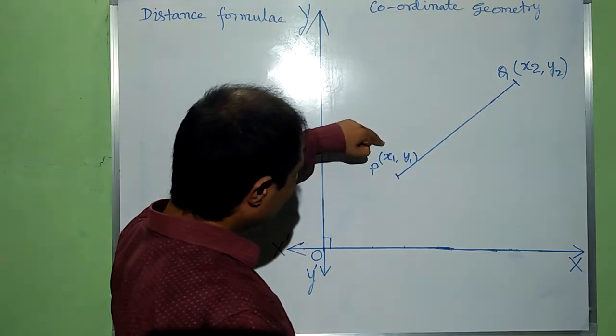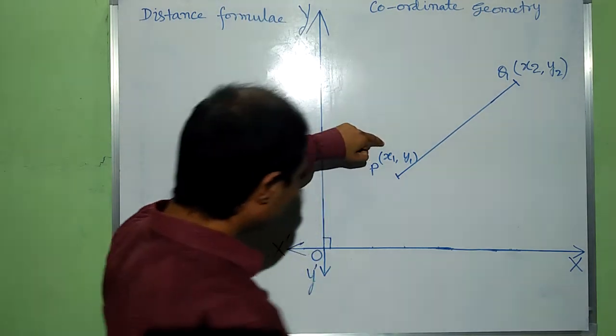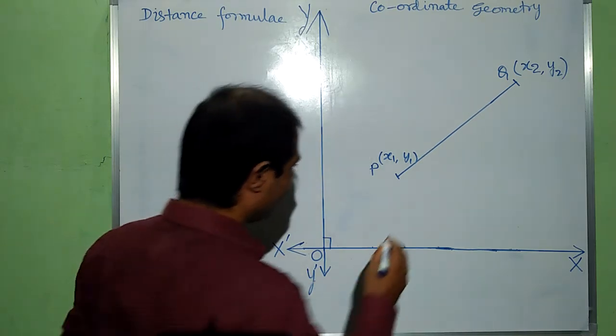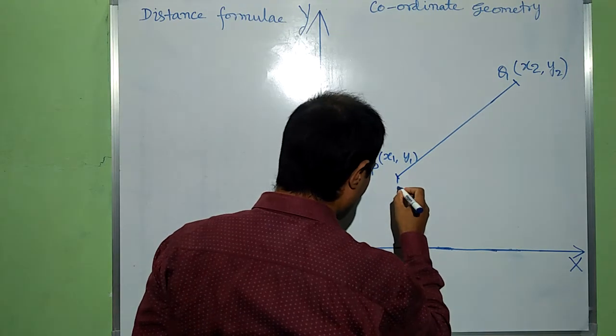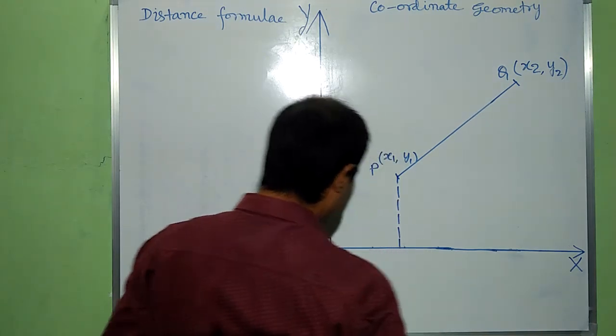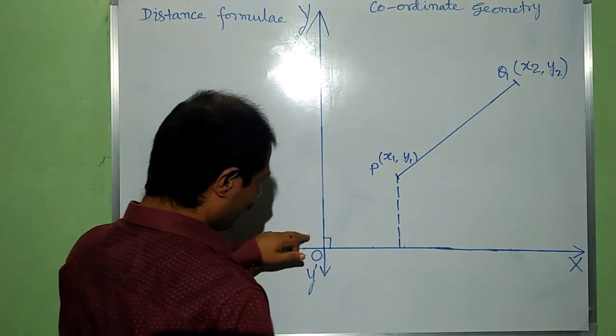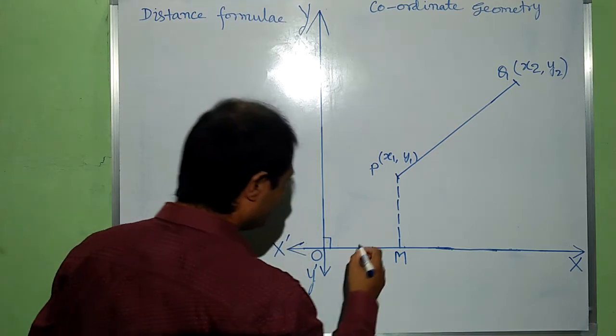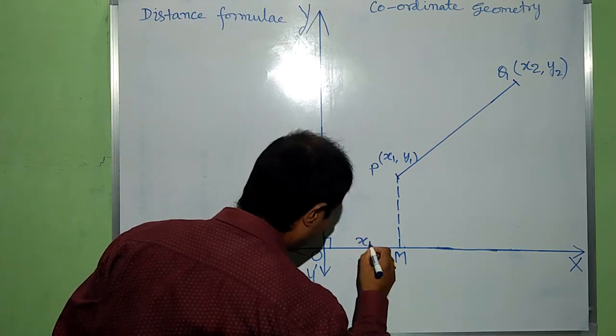first element of this ordered pair is x1, so its distance alongside the x-axis will be x1, which can be obtained like this. This is perpendicular. Suppose this is point M, its distance is x1.